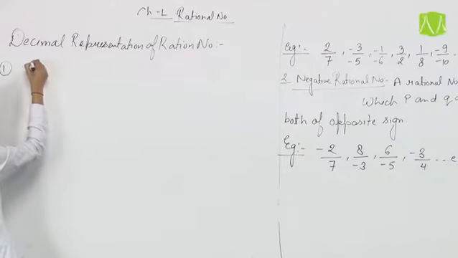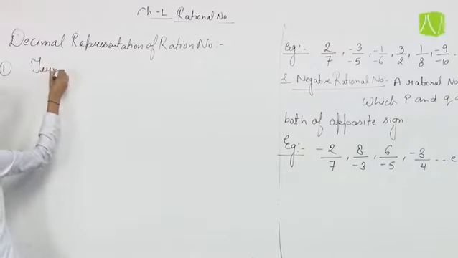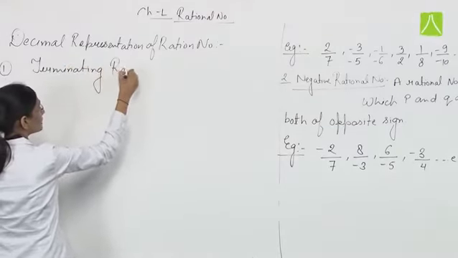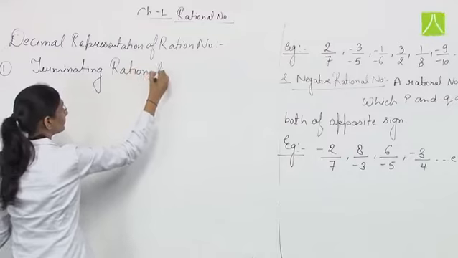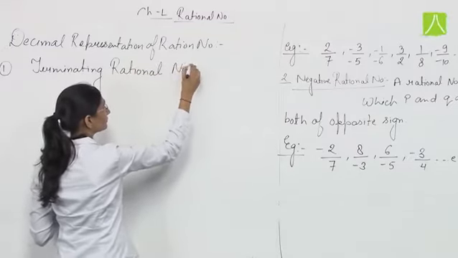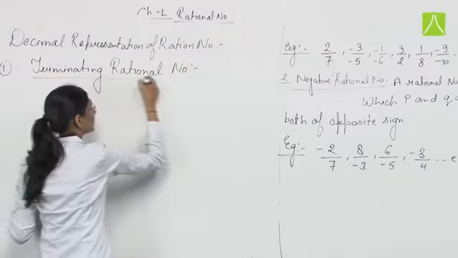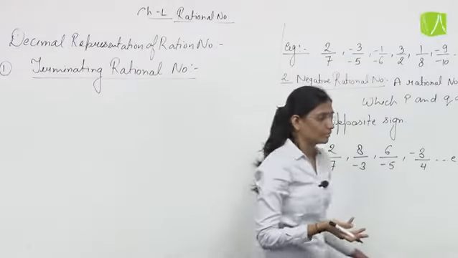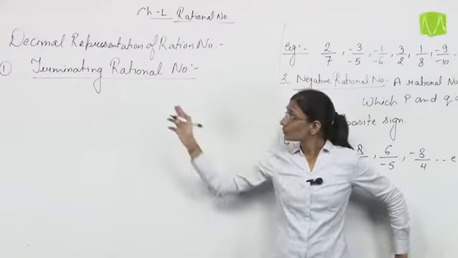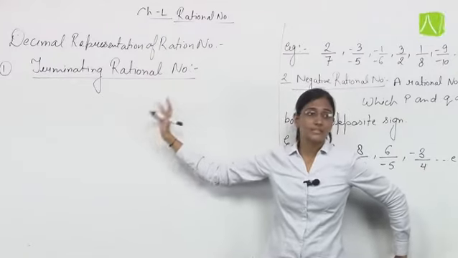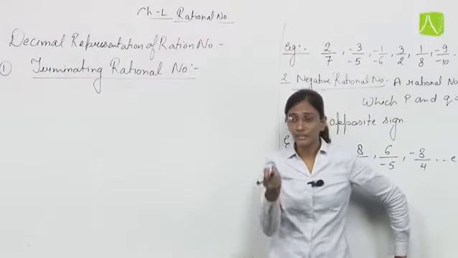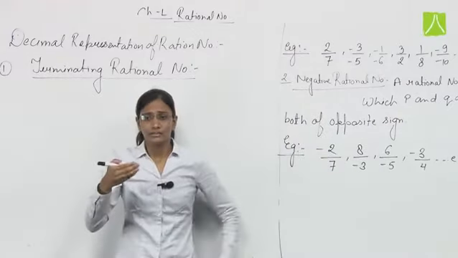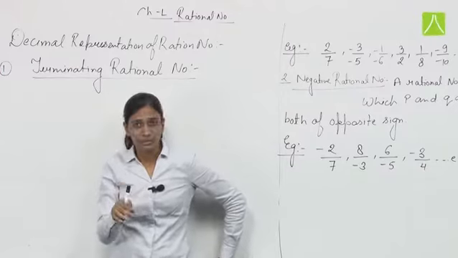First is terminating rational numbers. What are terminating rational numbers? Terminating decimal expansions: when a numerator is divided by a denominator, if we get an integer or a value which stops after certain digits, that is known as terminating.